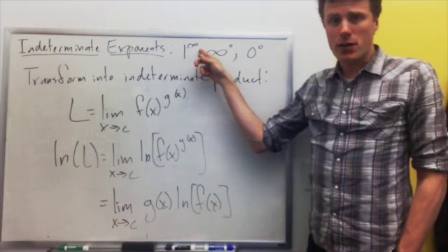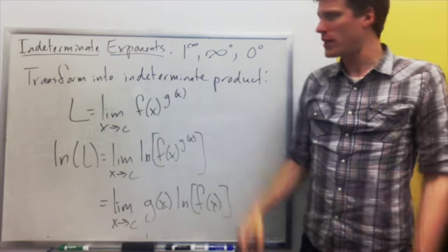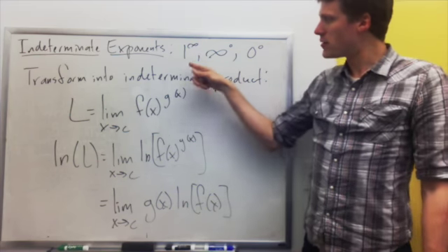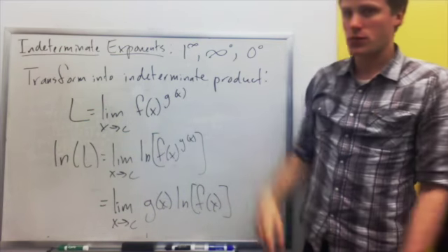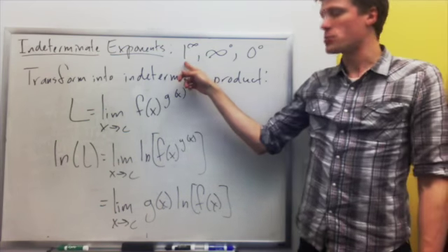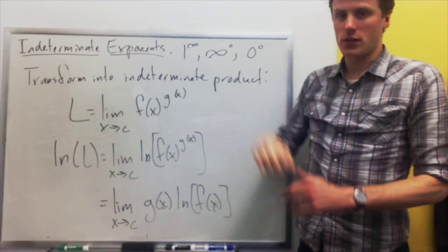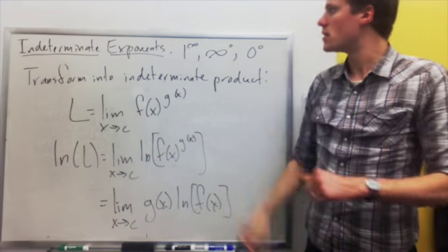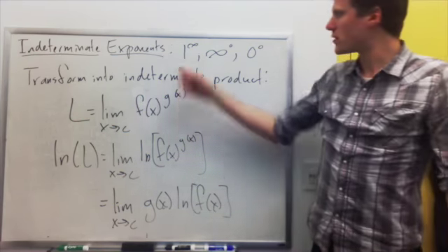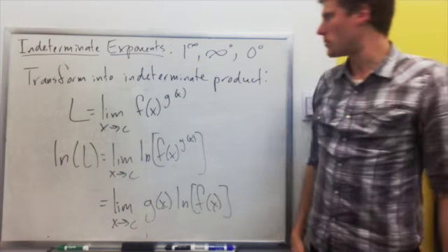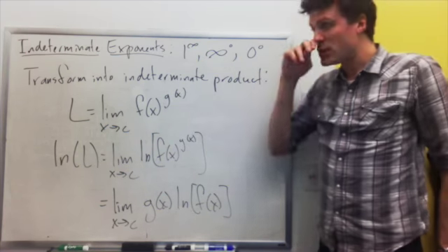Except if I have a power infinity, that's actually trying to pull it away from 1. If my base is approaching 1 from above, then the infinity power is trying to pull it off to infinity. Whereas if my base is approaching 1 from below, the infinity power is trying to pull it down to 0. So this infinite power is really trying to pull us away from 1, whereas the base is trying to pull us towards 1.